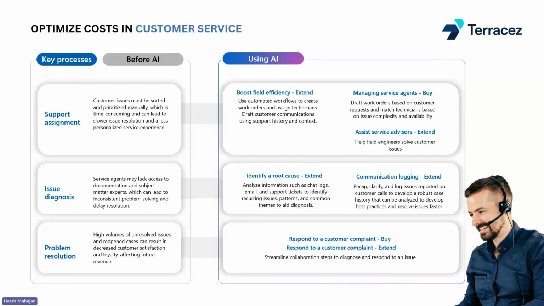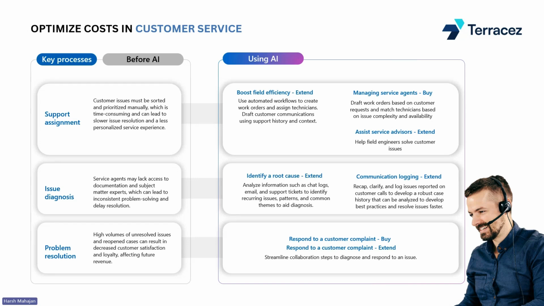So in any customer service business, there are some key processes where the customer sends the issue over email, and then as a customer support engineer, they have to understand the problem, what the customer is asking for.